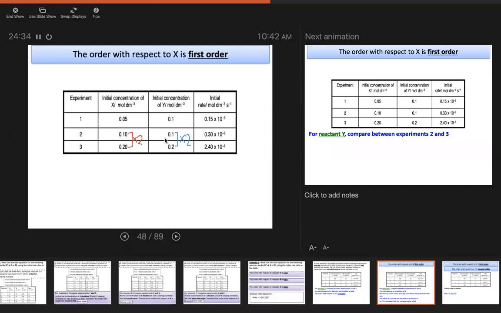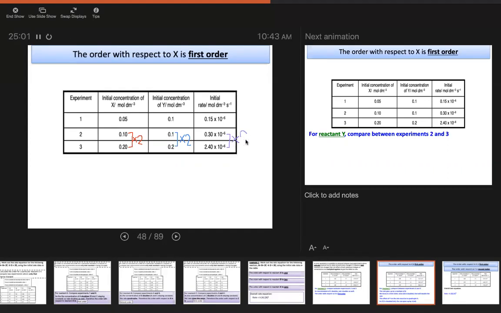So you can see that your rate is affected by both the changes in X and Y. Let's have a look at your rate. Going from 0.3 to 2.4, how many fold is that? 4. 0.3 to 2.4 is 8.